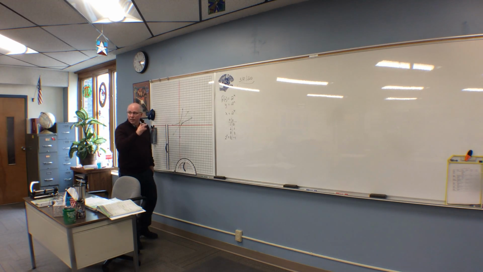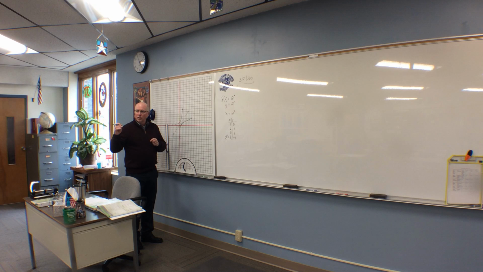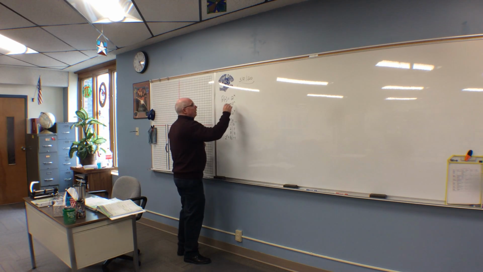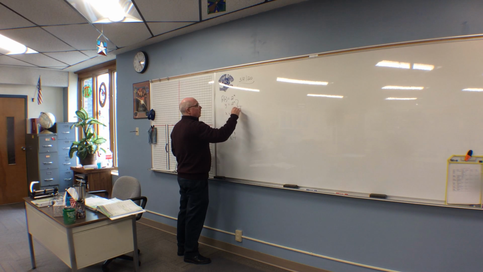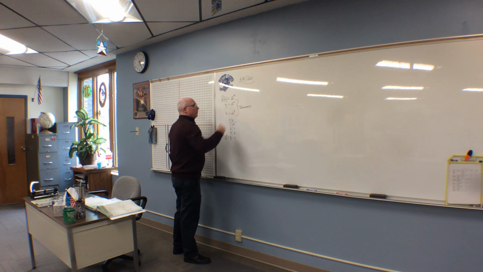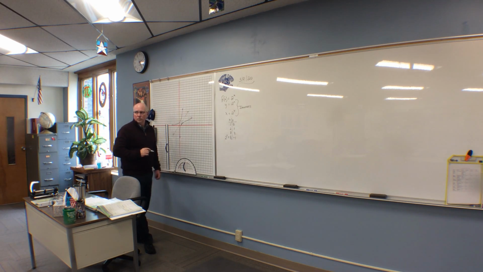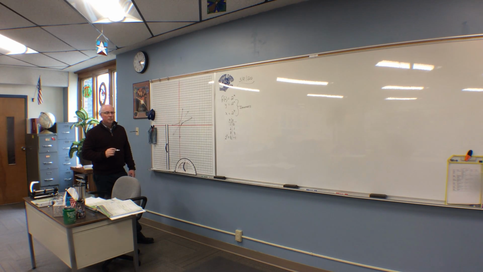If we flip the x and y, do you remember what we call functions in which we flip the x and y and they match each other? They are reflections, but we call them inverses. They are inverses of each other, correct? Do you see that?